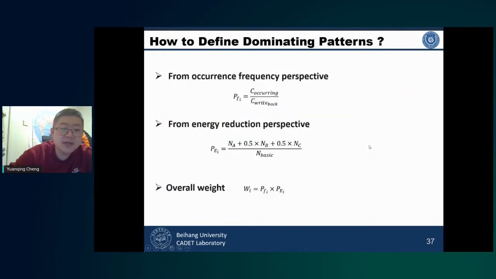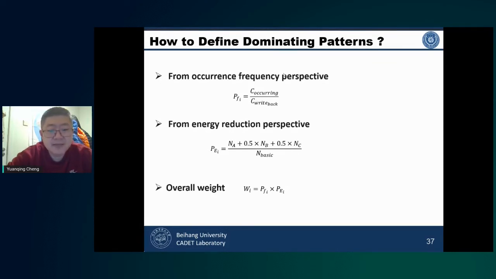But what will be the dominating patterns? We identify these patterns from 2 perspectives. One is the occurrence frequency. If a pattern occurs more frequently than other patterns, it will have a higher priority to be identified as a dominating pattern.